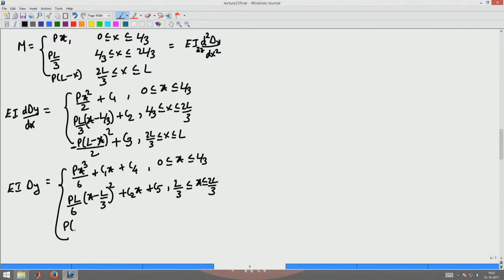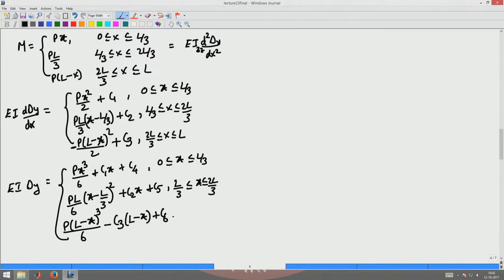Now, minus minus will become plus (L minus x) the whole cube by 6. Again I will make it minus C 3 into (L minus x) plus C 6.